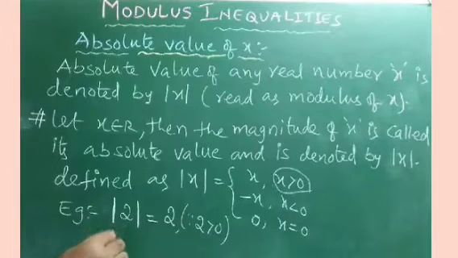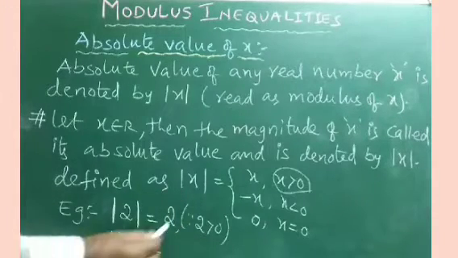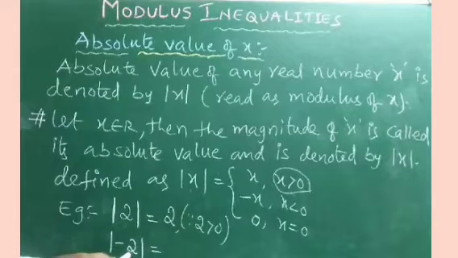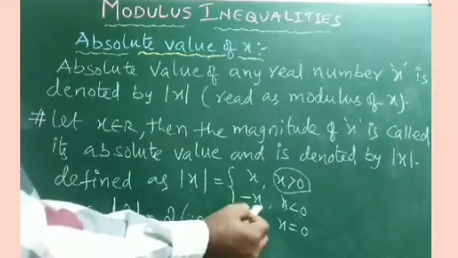Now if I want to find modulus of minus 2, I mean the absolute value of minus 2. This time you can compare with x. What is x now? If you compare this with modulus of x, then in the place of x we have minus 2. I mean x is equal to minus 2, so x is less than 0. Hence what is the answer?